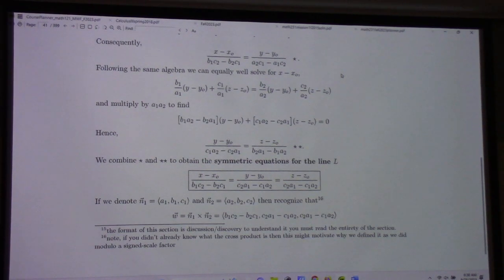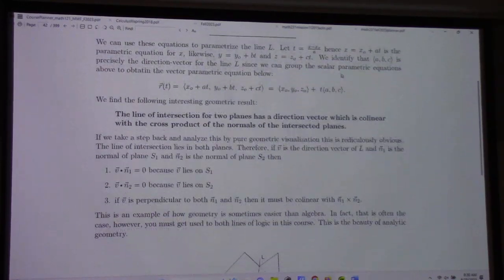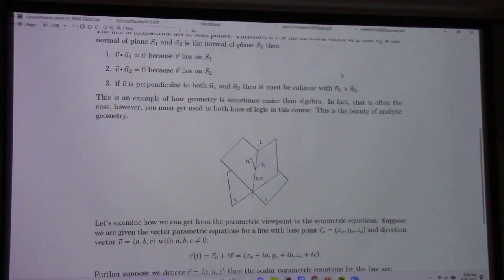What vector is perpendicular to both normals? The cross product of the normals. So if you have 2 planes and you want to find their line of intersection, you take the cross product of their normals. That points in the direction of the line of their intersection. That's what I'm deriving here. This is in some sense a derivation of the cross product, but whatever. Here's a picture of what I was just talking about.